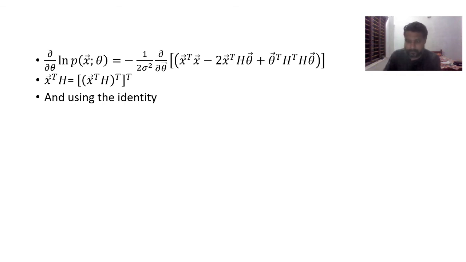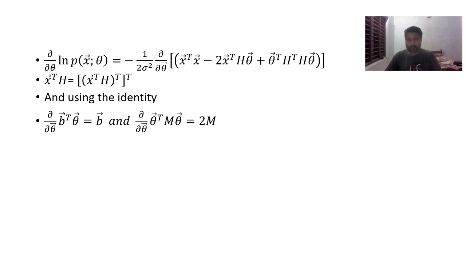So you just take these identities: dou by dou theta of b transpose into theta can be written as the vector b, and dou by dou theta of theta transpose m theta can be written as 2 m into theta. We can prove this in the coming session. For the time being, you just take these two identities.